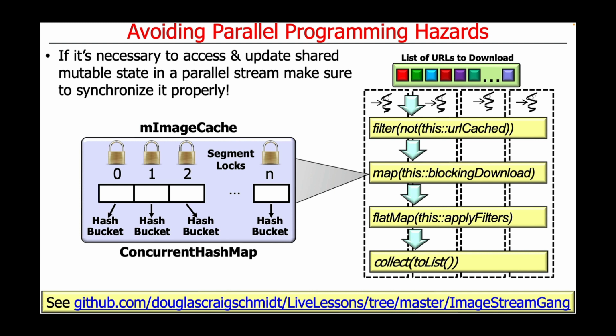If you have to have stateful behaviors, if there's no way around it, like, for example, our image cache that we have for our programming assignment, then make sure that you properly synchronize things. And the easiest way to do that, often, depending on what you're dealing with, is to use some kind of concurrent collection, like a concurrent hash map or a concurrent linked queue or whatnot.